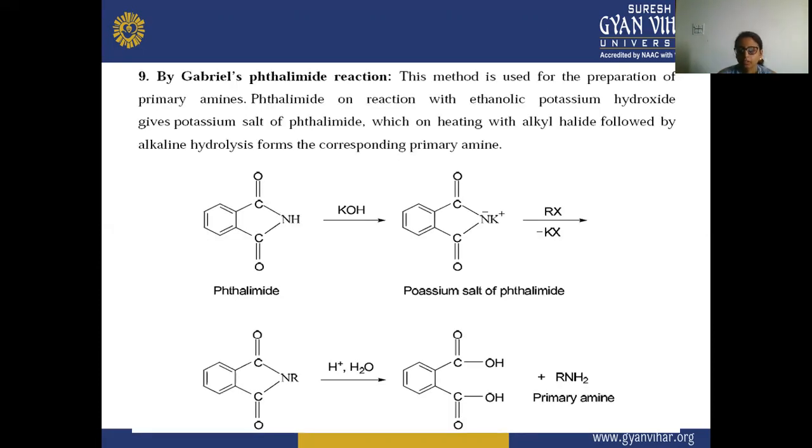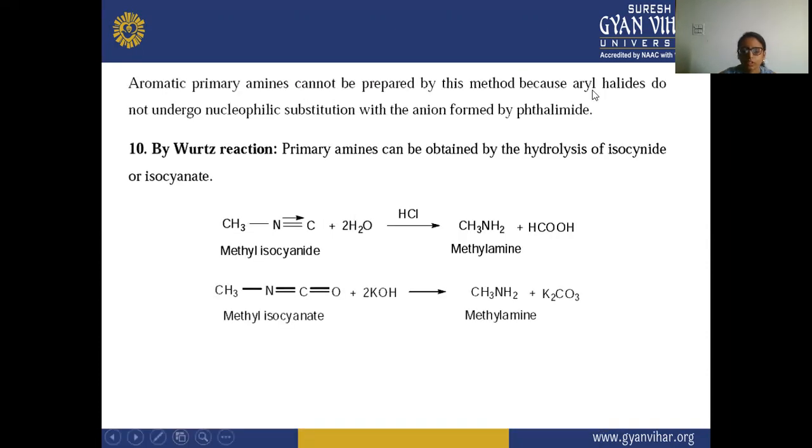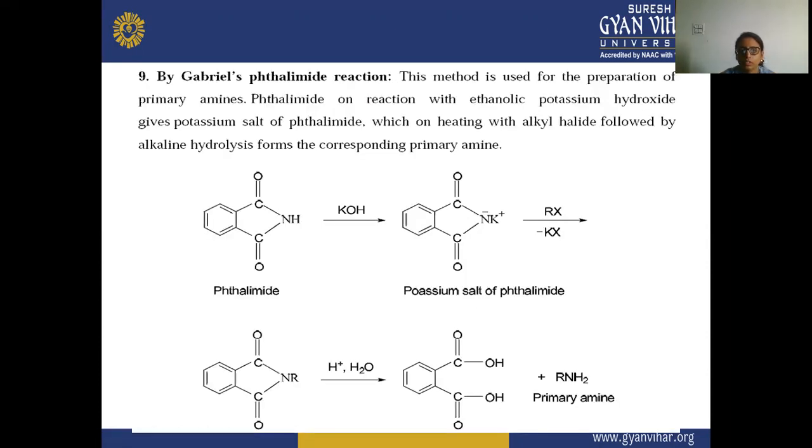The next method for the preparation of alkyl amines is the Gabriel phthalimide reaction. This method is used for the preparation of primary amines.